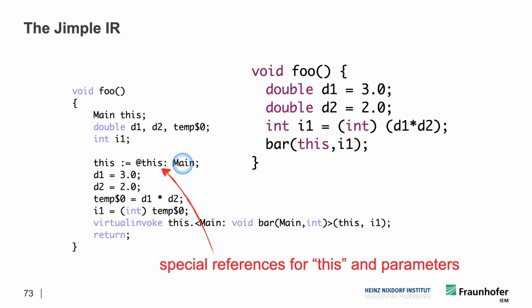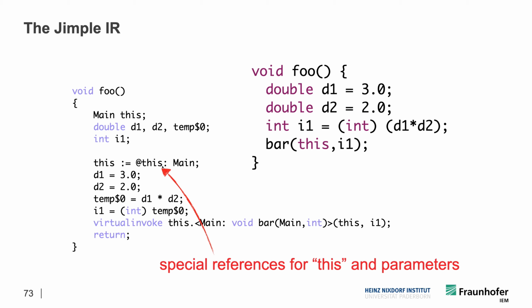It's basically falling from the sky: in Java it's always implicitly there, but here we are explicitly assigning it to that variable. Here the name of this variable is really this, but I could also have named it something else. So the name is not important. What is important is that it has been assigned this expression, and therefore it's pointing to the this object.